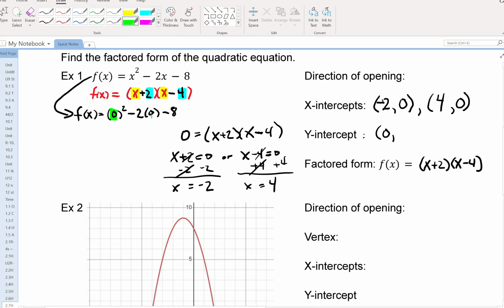Again, x here is equal to 0. And so when x equals 0, that's when we're going to get the y-intercept. And so right here, this just goes away, and this just goes away, and we're left with y is equal to negative 8.